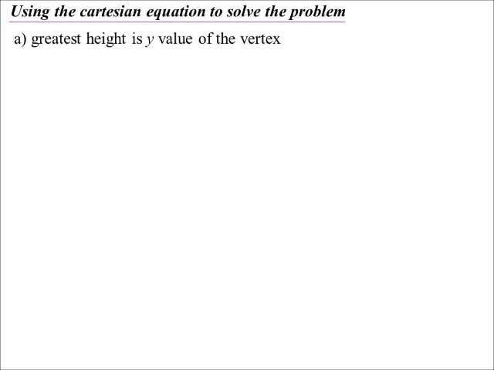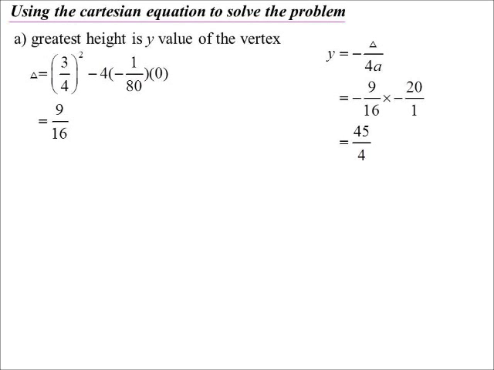We've got our equation. The first bit said greatest height. Now I'm saying I know it happens at the vertex of my parabola. And rather than work out the x value, remember the discriminant idea? Where we said it was minus the discriminant over, who remembers? Minus the discriminant on 4a.